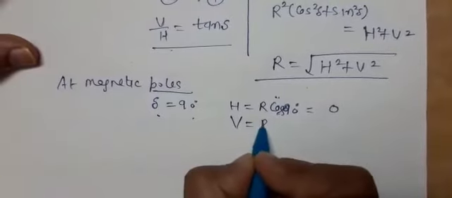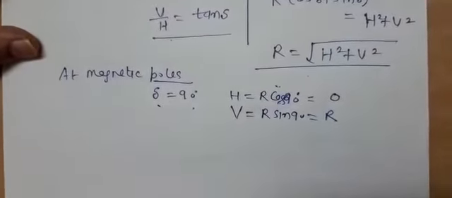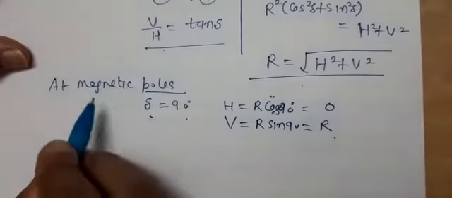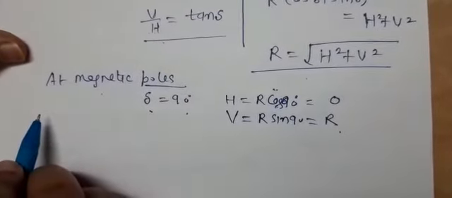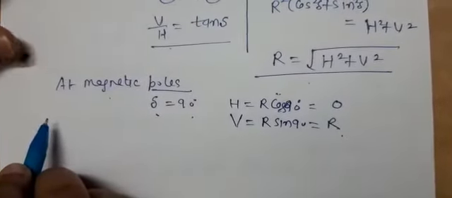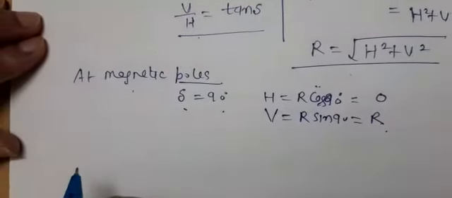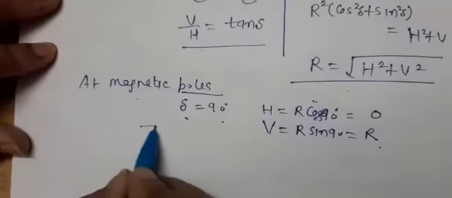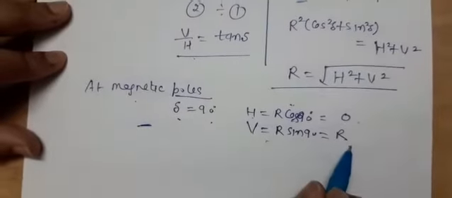It means only vertical component of earth magnetic field exists at the poles. That means we can say earth always has horizontal component except at the poles. It means at poles there is no horizontal component, there is only vertical component.